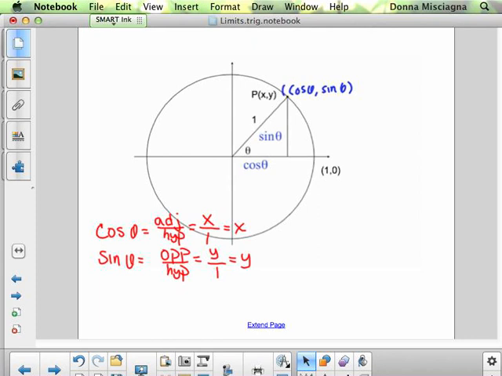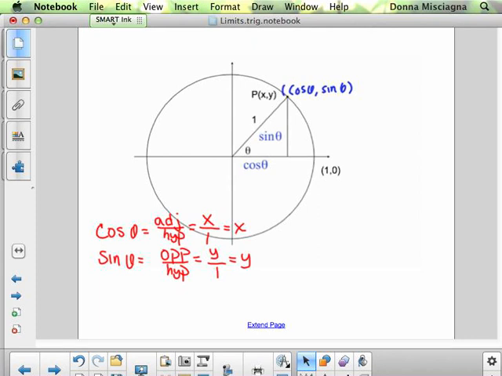We can represent the opposite side of that triangle as sine theta, and the hypotenuse is 1. That triangle, however, is not the most useful for calculating anything because we don't know what theta is. So we're going to need a few more things to help us.